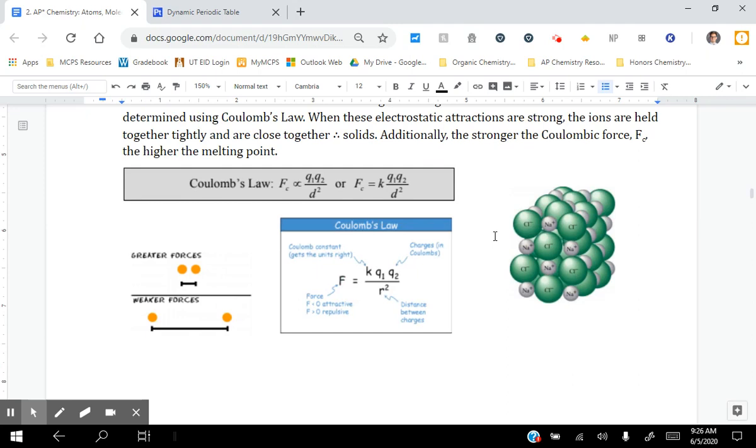When we look at Coulomb's law, Q is the charge, Q1 and Q2, so the charge of each ion. We have Coulomb constant, which helps us with our units, and then we have the radii, which is the distance between the charges. So when we look at internuclear distance, a shorter internuclear distance results in a greater attraction.